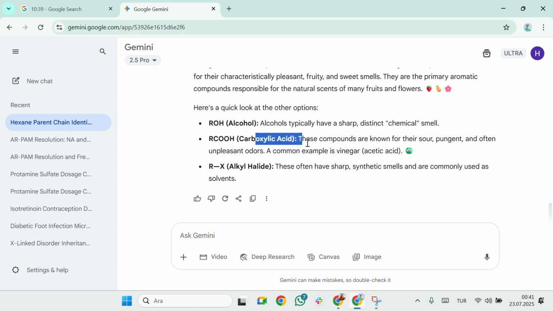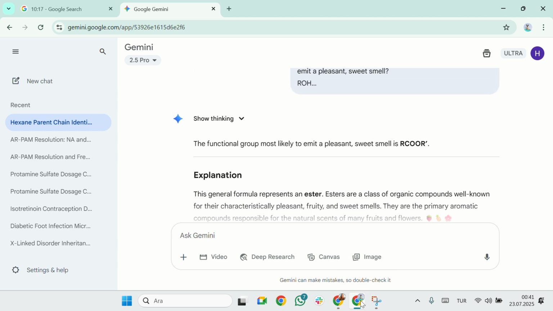RCOOH is a carboxylic acid. Okay, it should be sour, pungent, often unpleasant. Okay, alkyl halide. Those have sharp synthetic smells and are commonly used as solvents. Okay, I got this. I got this actually.